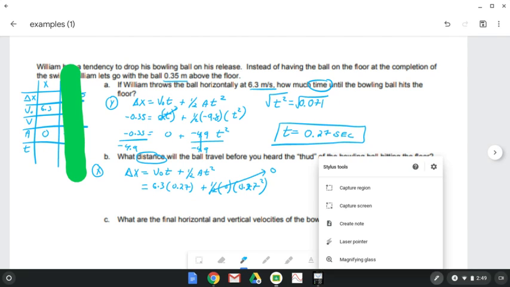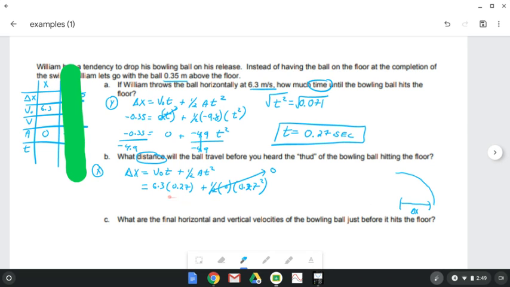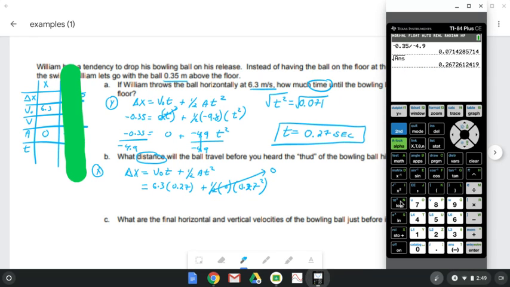So all we need to do now is plug this into our calculator. And look, I still have that number saved in there, but I did round, so for this one, I will go ahead and cross that out just to make sure that you are getting the same answer that I am getting. 0.27.